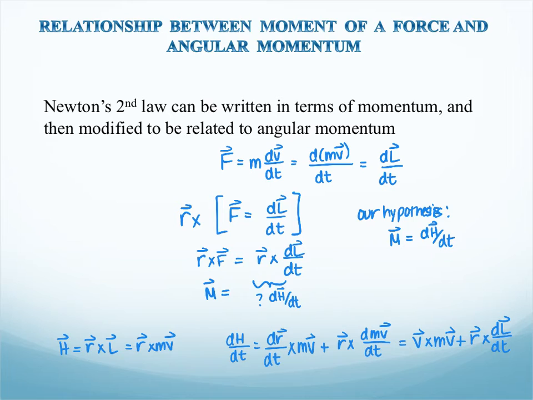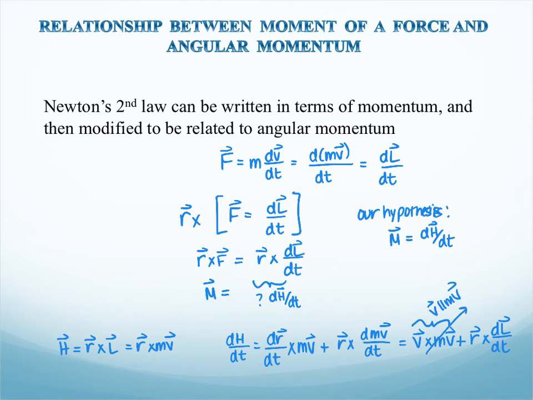So at first it looks like we have a problem. It looks like I see two terms here for the time derivative of angular momentum, but I only see one in my expression above, so am I wrong? But if we take a closer look, we should understand that the cross product of velocity and momentum is going to be 0 because v is parallel to mv.